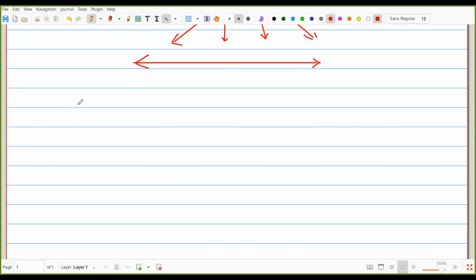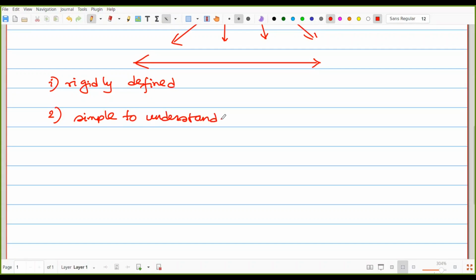Number one, it should be rigidly defined. Number two, it is simple to understand and easy to interpret.